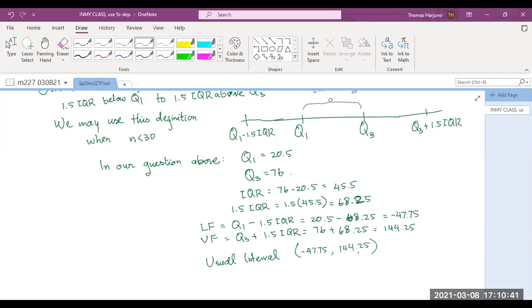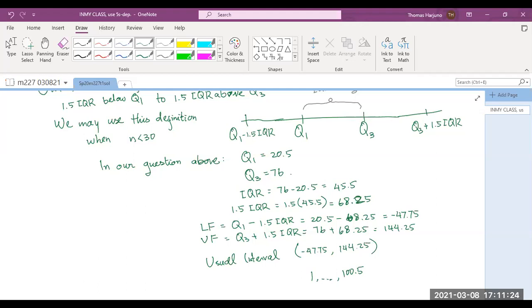But if you take a look, using this usual interval, do we have any outlier? Notice that the smallest data we have is 1, and the highest is 100.5, right? In other words, we still come up with the conclusion that there's no outlier. Even though the methods of computing usual interval are different, most of the time, the outliers resulting from them will be the same.